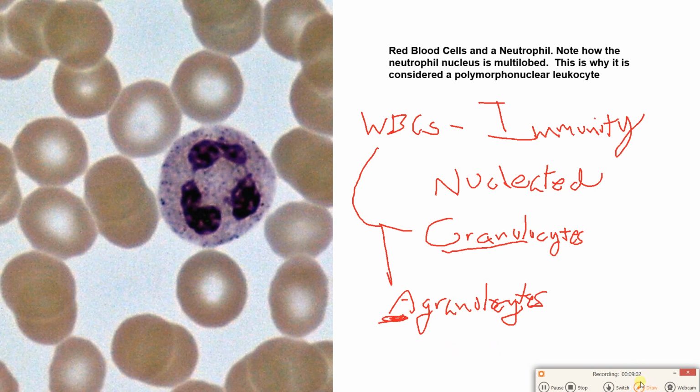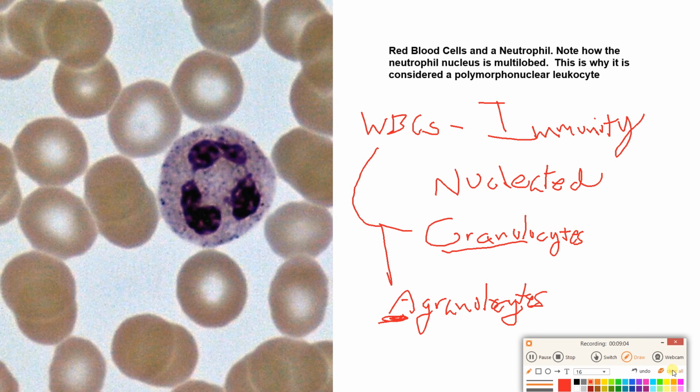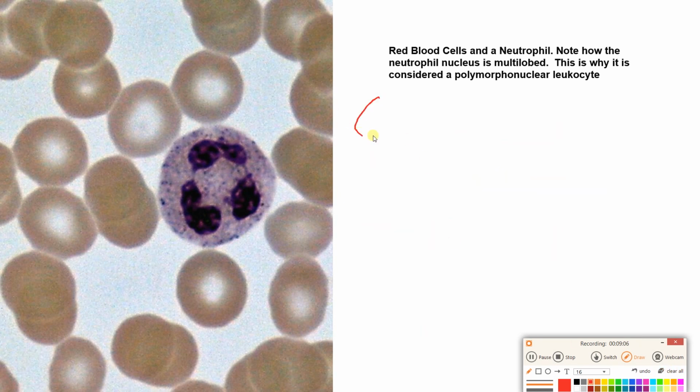Okay, let's erase some of this here. Now, my granulocytes, there's three varieties. There's neutrophils, and that's actually the white blood cell we see here. More on him in a moment. Then there's another kind called eosinophils.